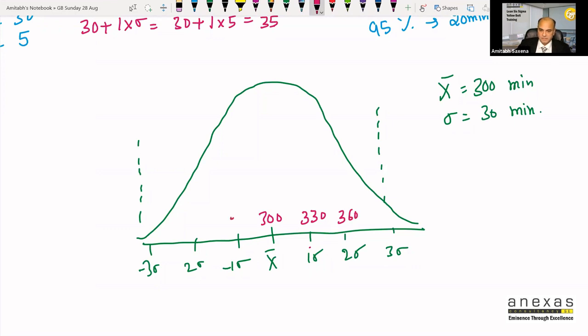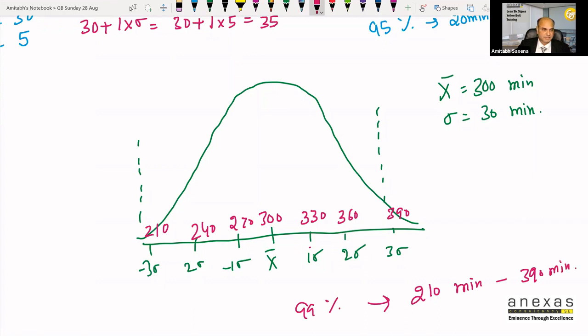Here it will be 270, 240, and 210 here, and 390 minutes. Are you with me? So 99% of patients in this hospital are being discharged between 210 minutes to 390 minutes.